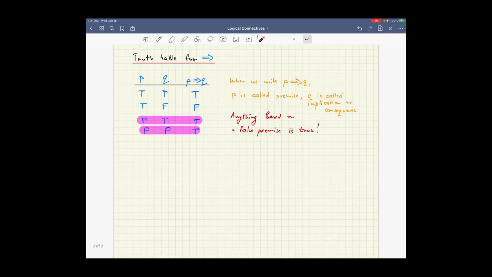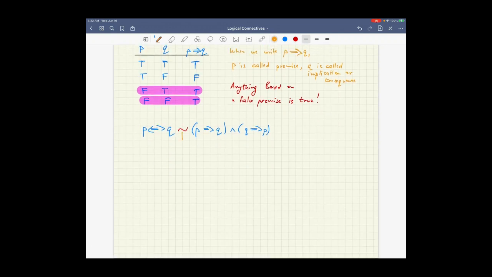You can now easily construct, as an exercise, the truth table for the biconditional. Biconditional is simply P implies Q and Q implies P. And we will introduce this symbol here, logically equivalent.